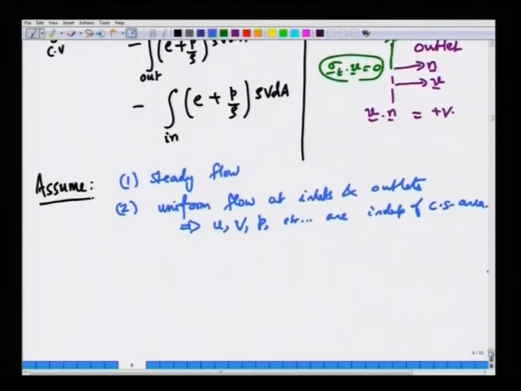This is an assumption. Of course, we know how to correct it by using the kinetic energy correction factor a little later, but right now let us keep things simple by assuming uniform flow. Okay. So, once we do that, we will further assume single inlet, single outlet.